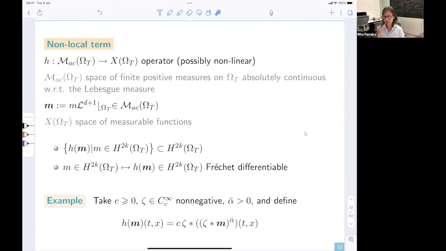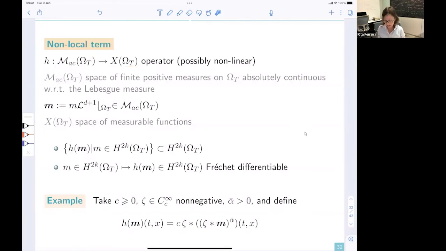Now, the coupling has a non-local dependence and a local dependence. For the non-local dependence, we consider an operator that is possibly a non-linear operator that goes from the space of finite positive measures on omega, absolutely continuous with respect to the Lebesgue measure, into the space of measurable functions.